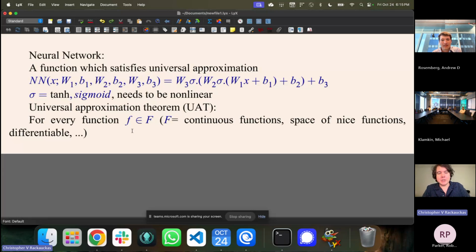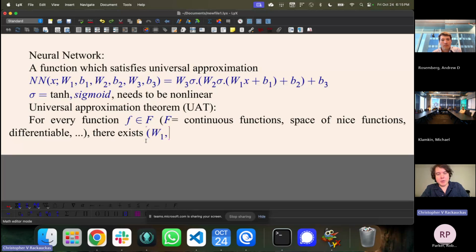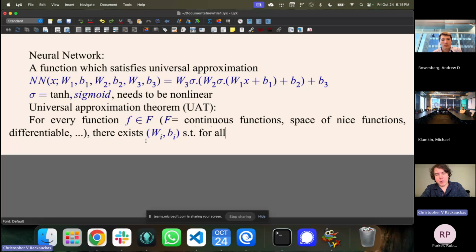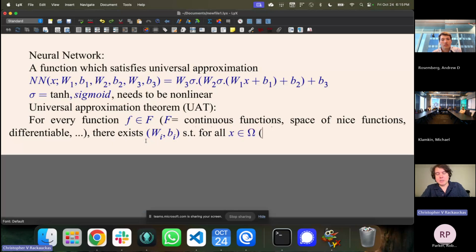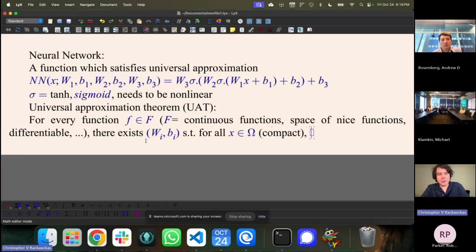So for every function f in there, there exists a set of weights, so there exists W_i, b_i, such that for all x in some domain, where this needs to be compact, you need to have that there's some space that it is confined in, the norm of the neural network of x minus f of x is less than epsilon.